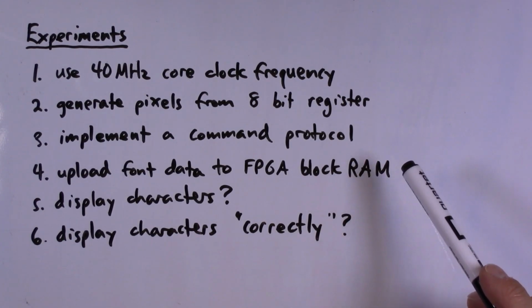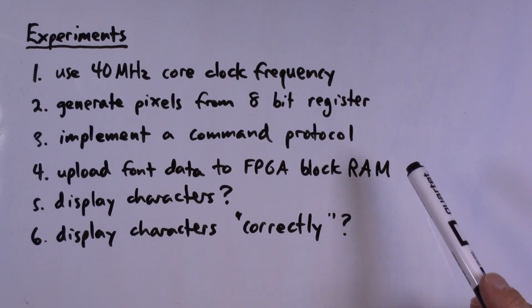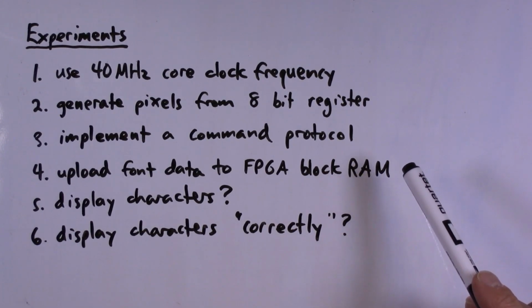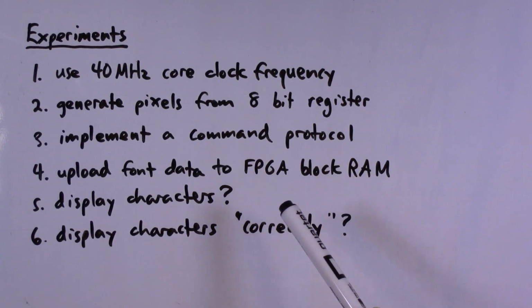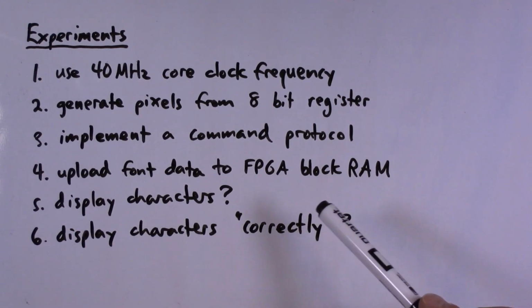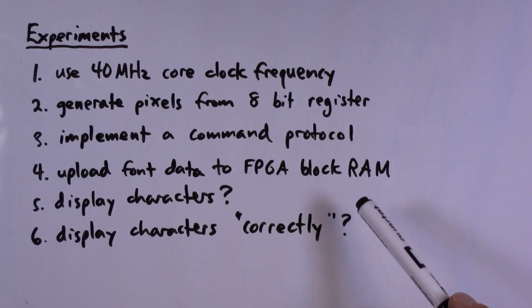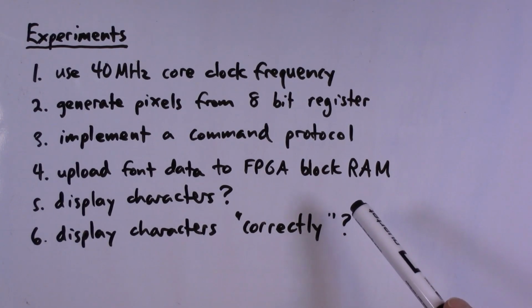In experiment 4, we use that command protocol to upload font data into one of the FPGA's block RAMs. Actually, it uses several block RAMs. And then in experiments 5 and 6, we actually try to use the font data along with some character data to display characters on the screen.